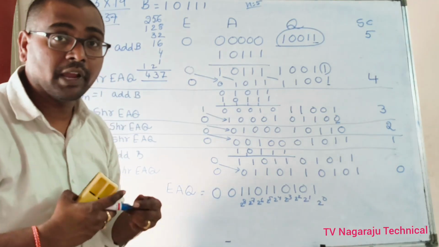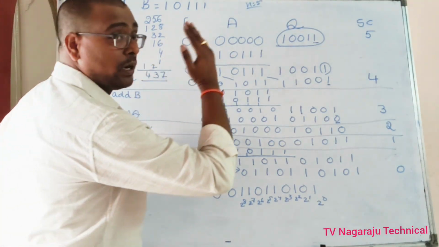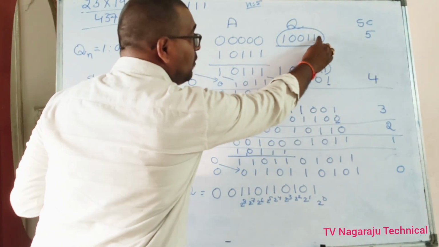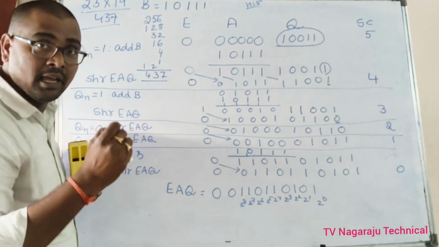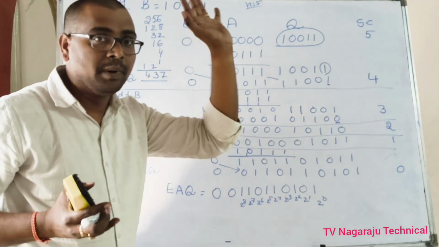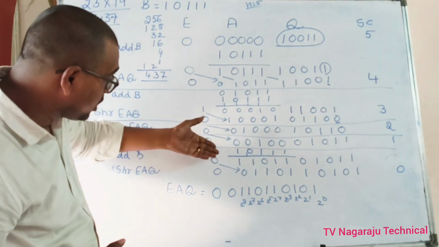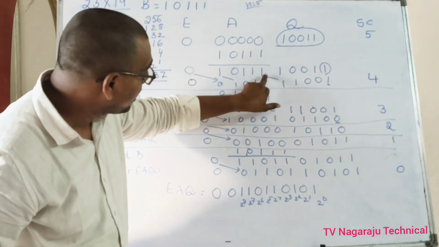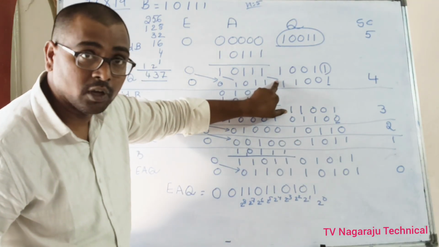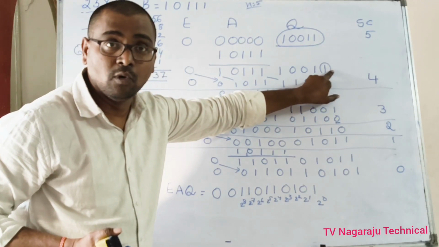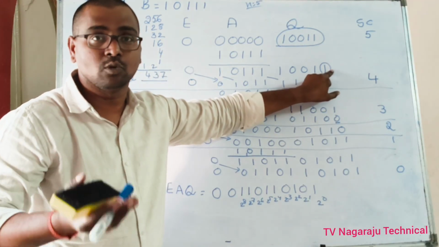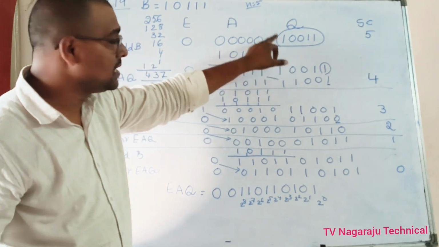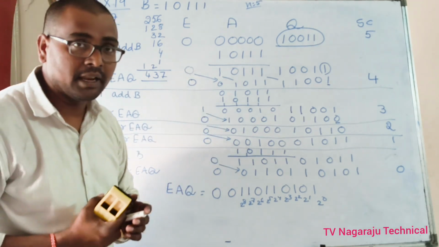For every shift right operation, the Q moves 1 position to the right. I always check the last bit. So always the LSB bit is removed and the partial product is moved into the Q. For each and every iteration, the partial product is moved into the Q and the last bit of Q is removed to provide efficient space. This is the way we do binary multiplication.